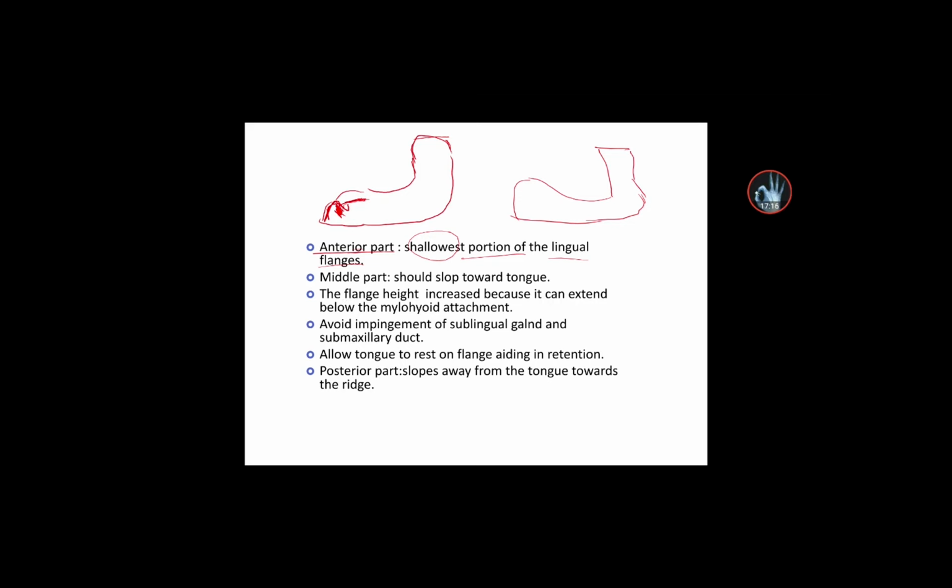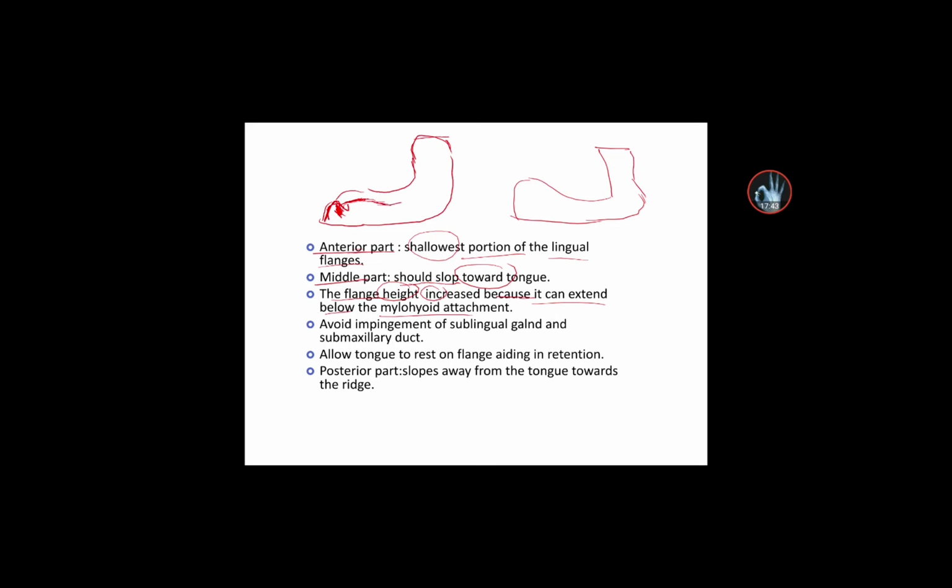Okay, the middle part should slope toward the tongue. Okay, so this is the tongue, so it will slope toward the tongue, inward. The flange height increases because it can extend below the mylohyoid attachment. So we are going down.